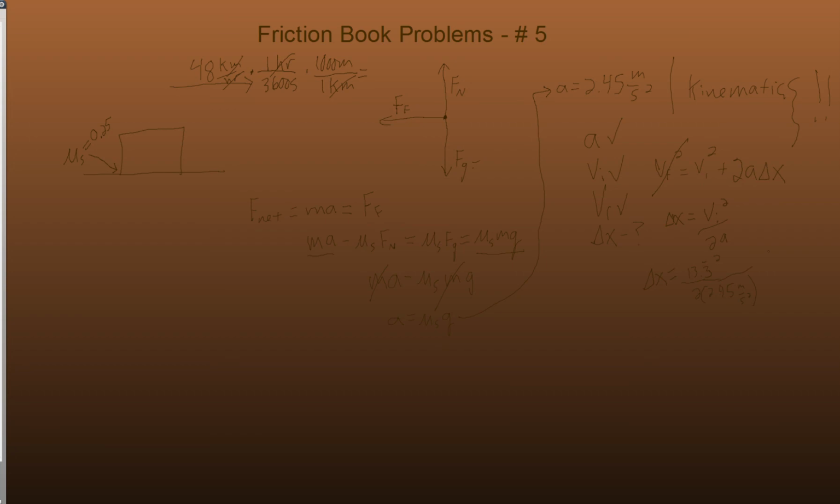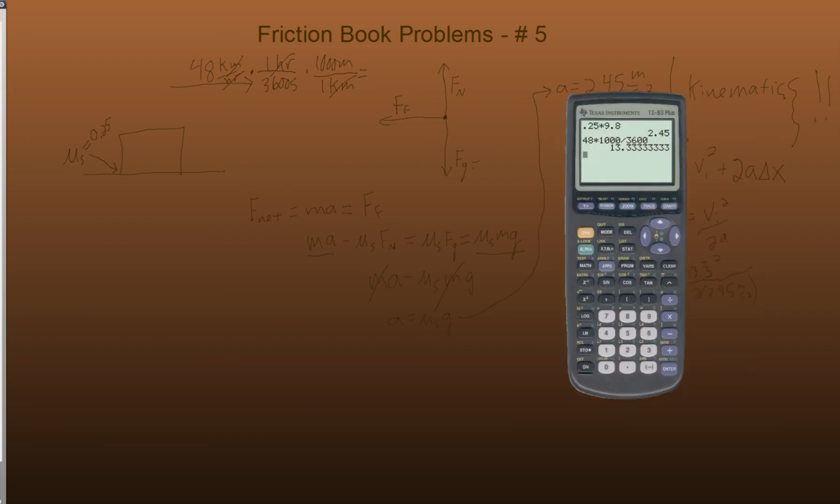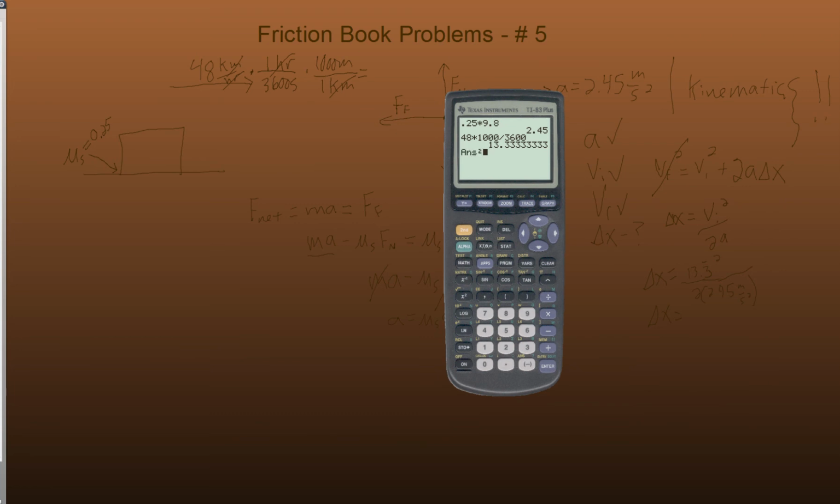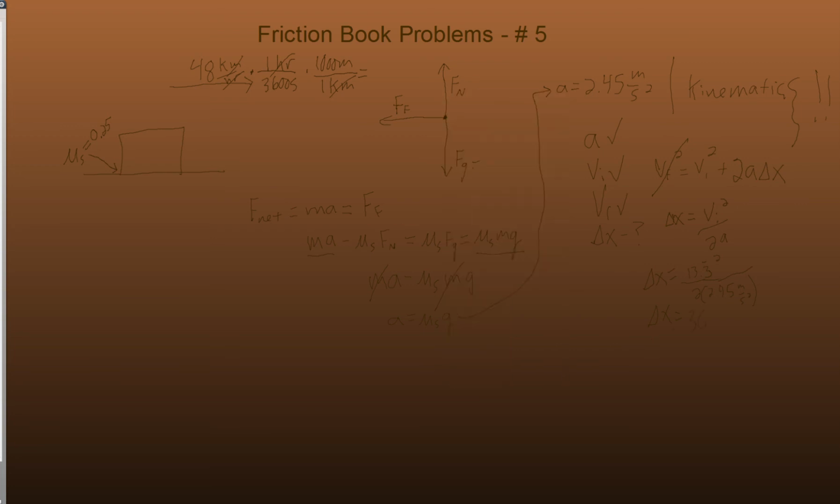Anyway, so delta x equals, so square this puppy, divided by 2, divided by 2.45, that's a little 4 there, not a 9, equals 36.3 meters. That's our answer.